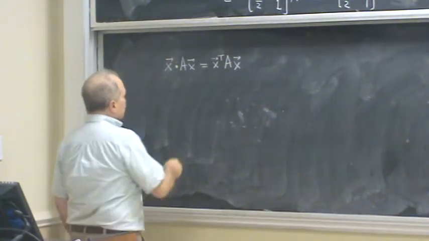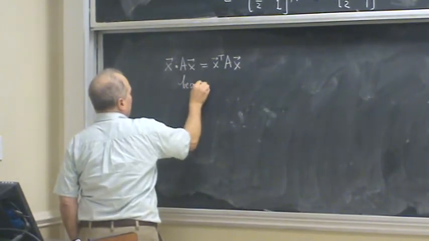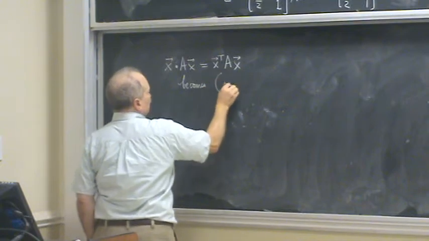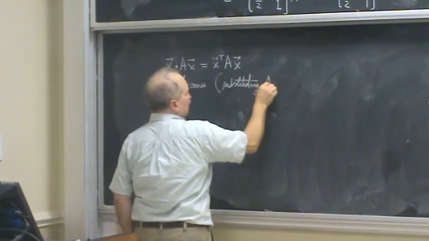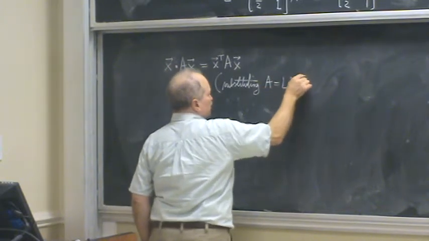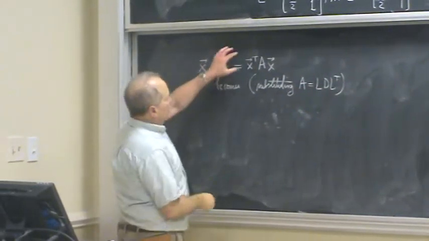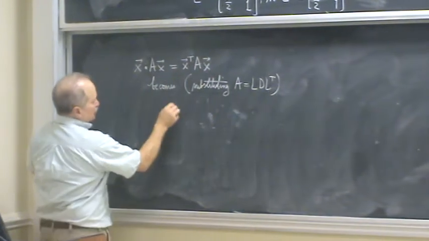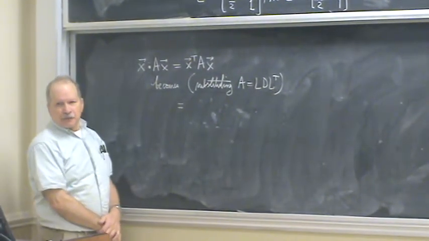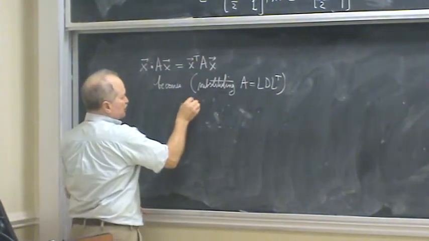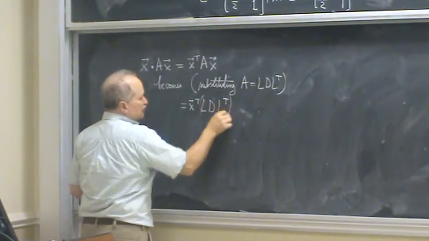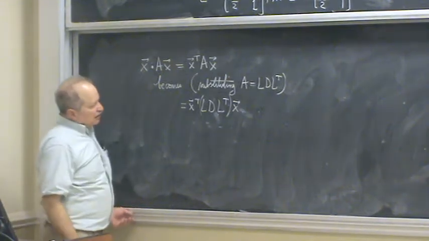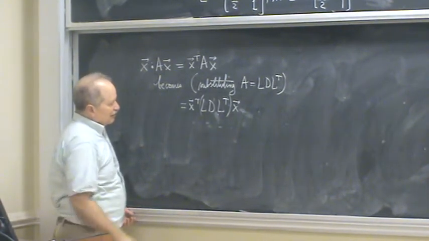And we've just written A, substituting A is LDL transpose. What does this become if I put in that for A? X transpose LDL transpose X.